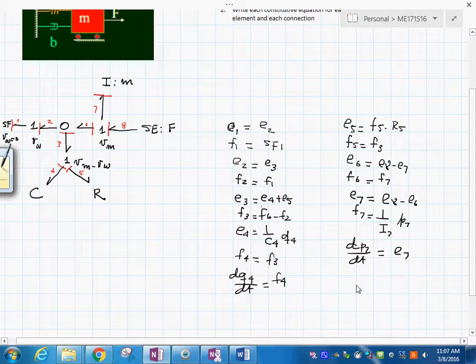Well, so what I have done here is I have written the constitutive laws, the constitutive equations of each one of the elements, following the causal marks and following the power flow.